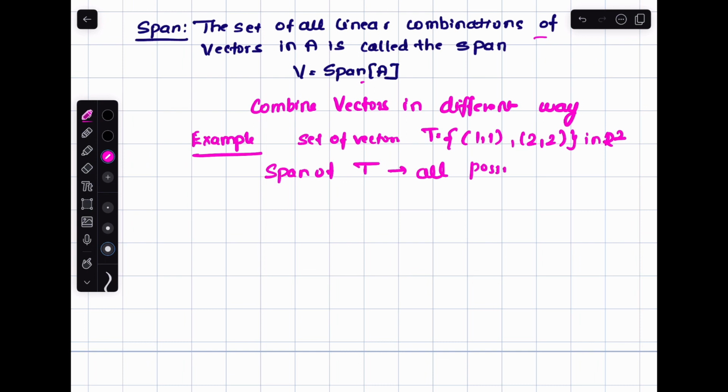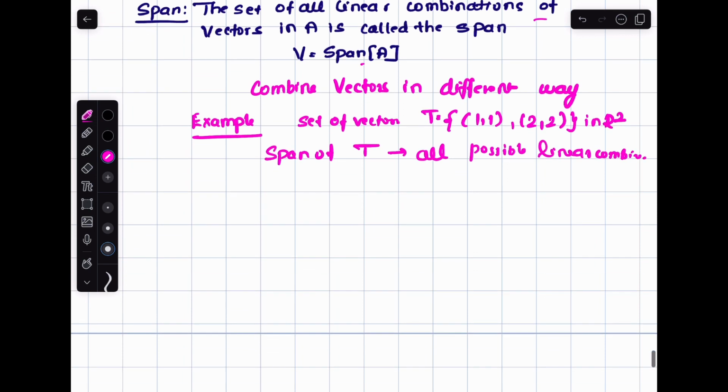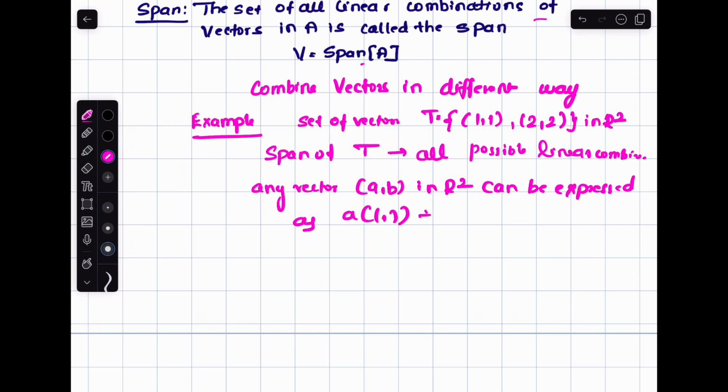Any vector, say (a, b), in R square can be expressed as a into (1, 1) plus b into (2, 2). Let us multiply: it is (a, a) plus (2b, 2b), which is nothing but (a + 2b, a + 2b).